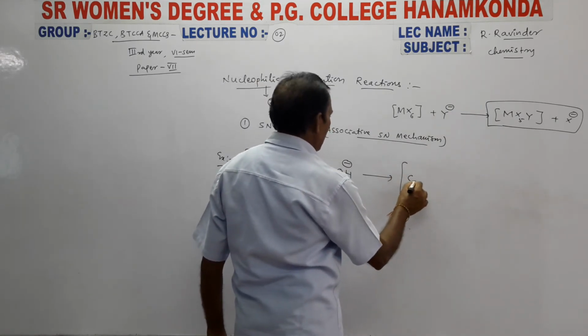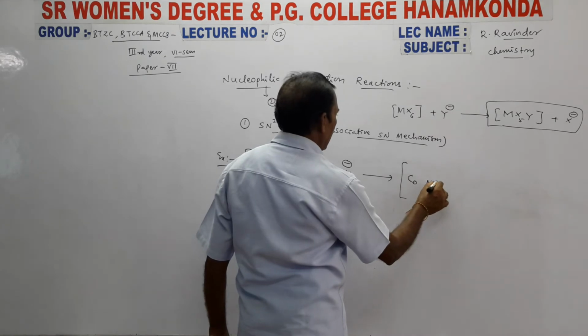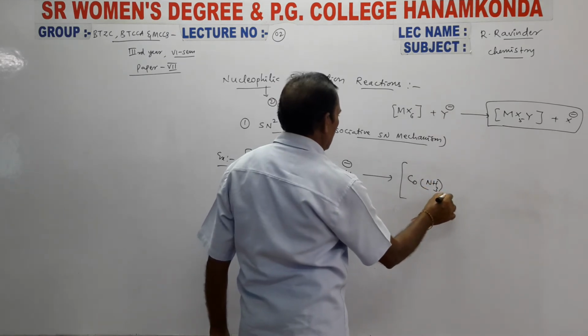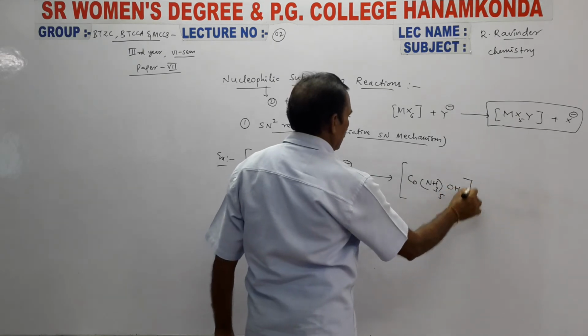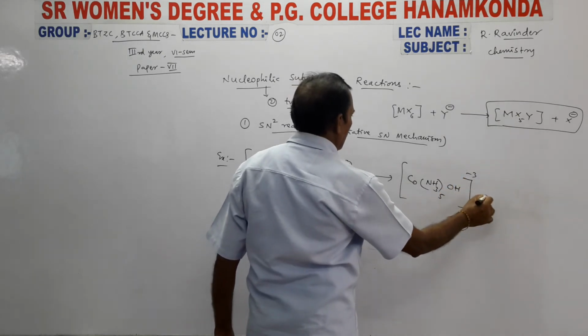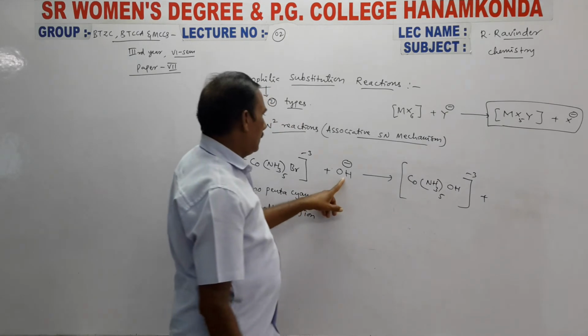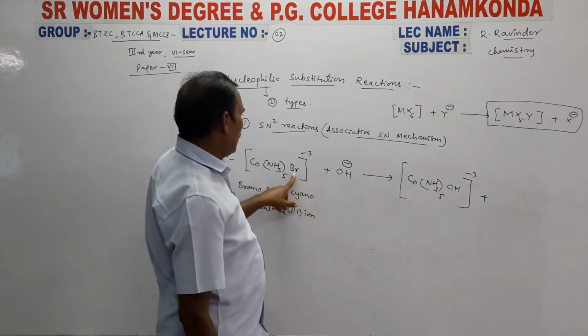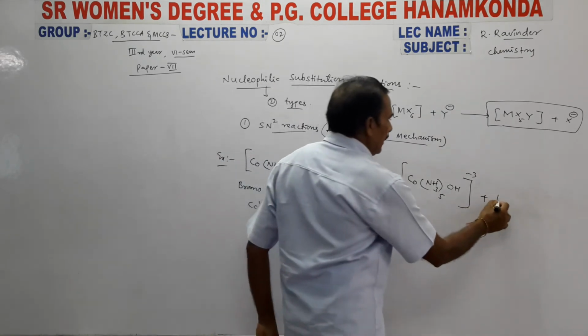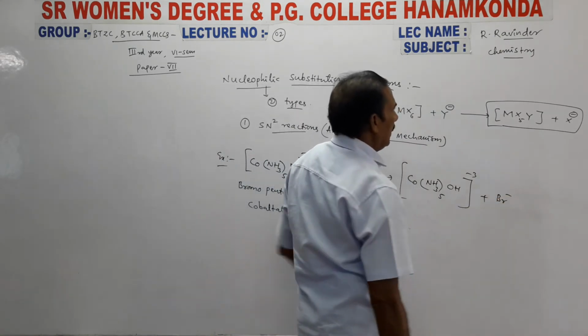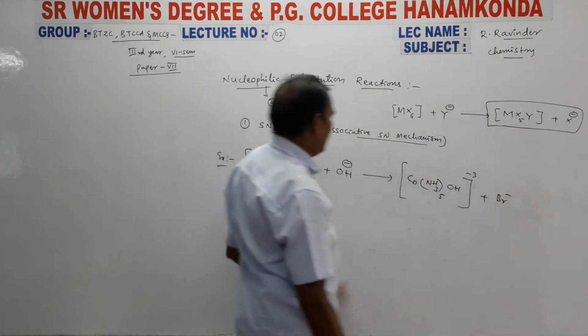The cobalt has the same oxidation state: pentaamine cobalt OH, 3 plus. The OH group is added to the first reactant molecule, and the bromine is eliminated as Br minus.